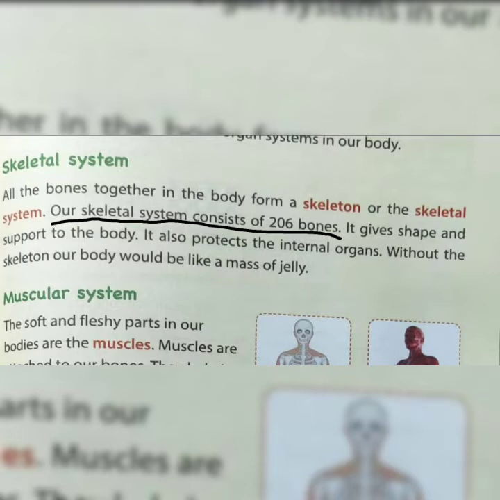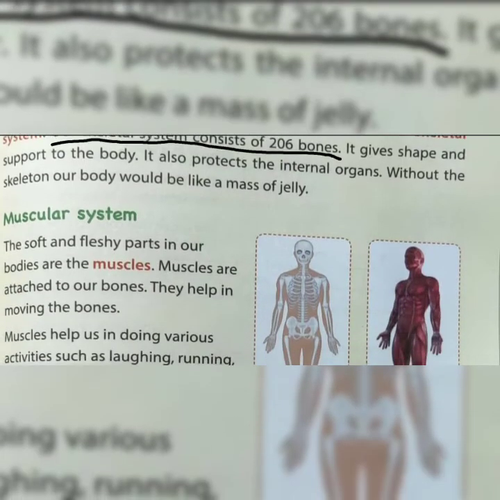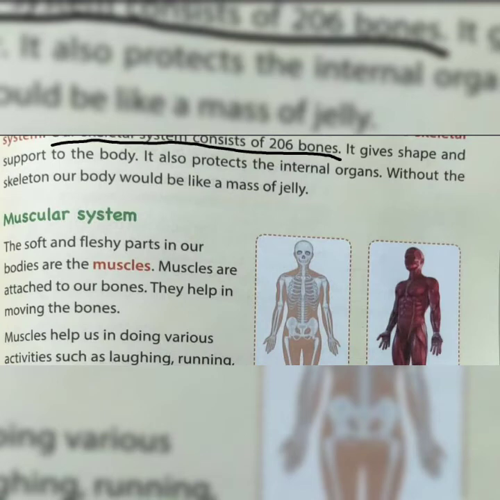Then we put the cement, bricks and everything, those materials, to make the house look like a perfect house, right? Similarly, the bones also work the same way. It is the pillars, or the structure that supports the body to form its shape, right?